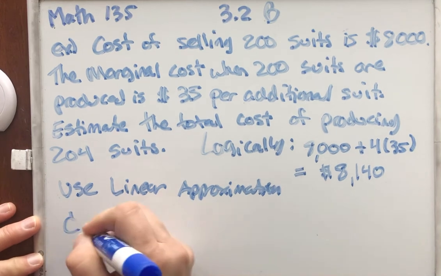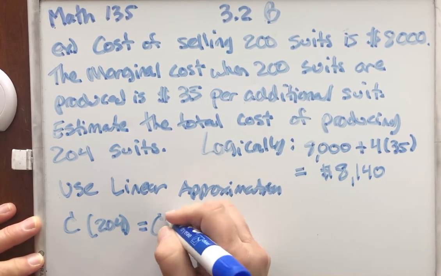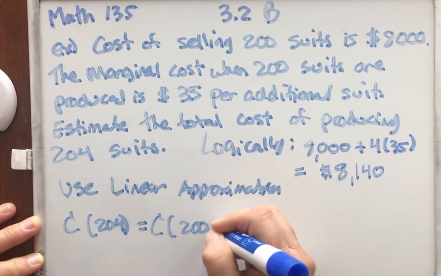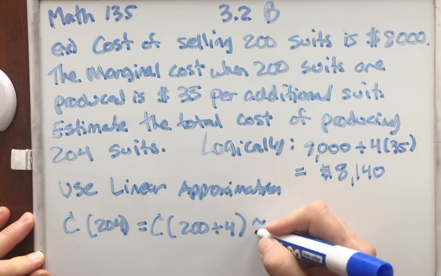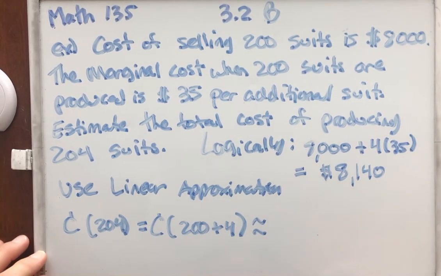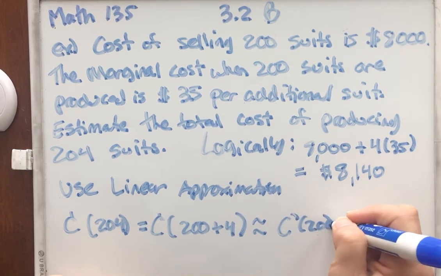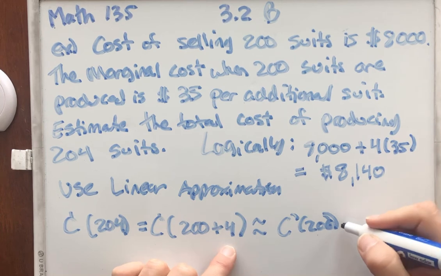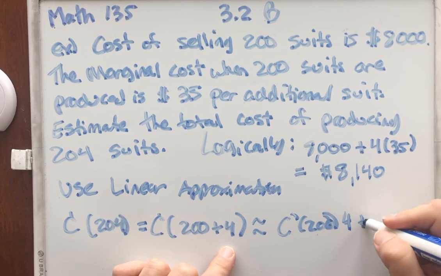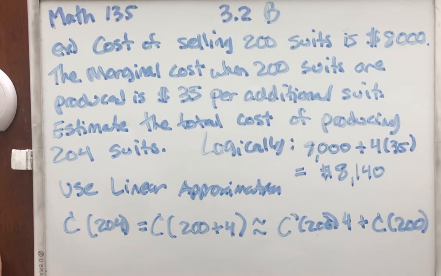So we're looking at the cost of 204 equals the cost of 200 plus the additional 4. And what we learned about linear approximation, we take the derivative. So the derivative of the cost at 200 times the delta x, in this case, which is 4, plus the cost at 200. So we're using the same formula.